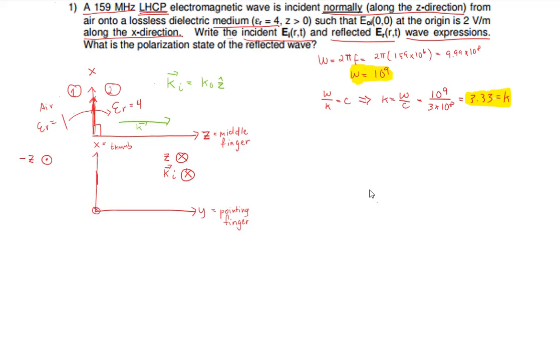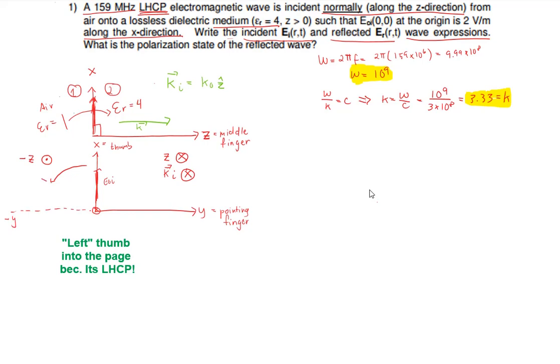Over here this is E0 of I, the magnitude of 2 volts per meter. With our thumb sticking into the page and our fingers lined up along the x-axis, if we curl our fingers, notice that it's going this way, towards the negative y direction.